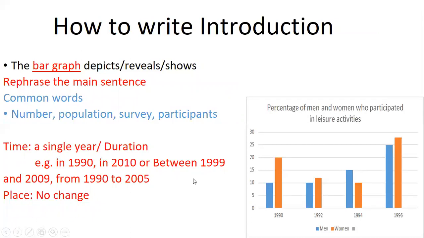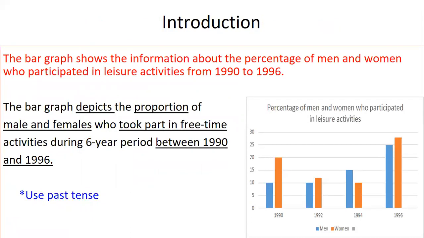Then here is an example of a bar graph, where the statement is: the bar graph shows the information about the percentage of men and women who participated in leisure activities from 1990 to 1996.